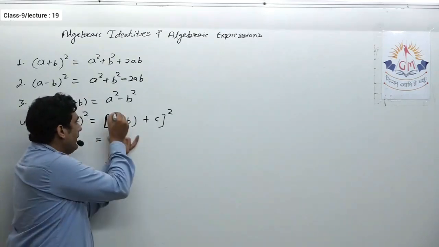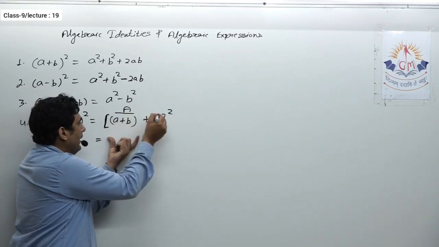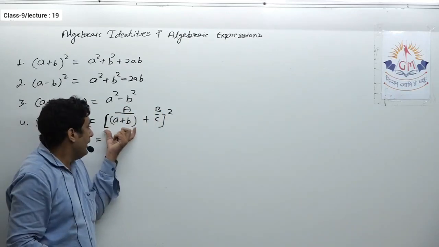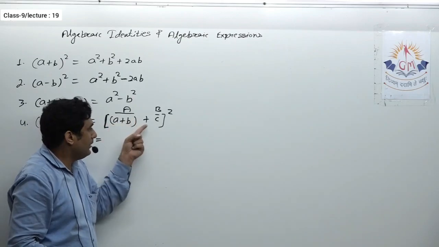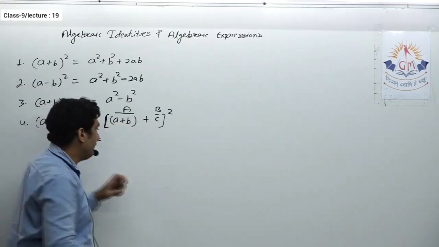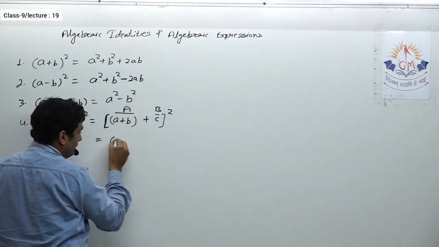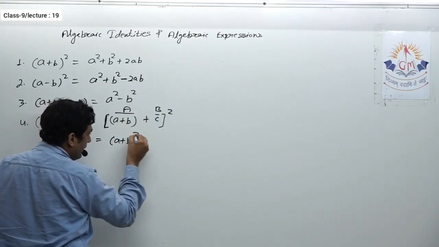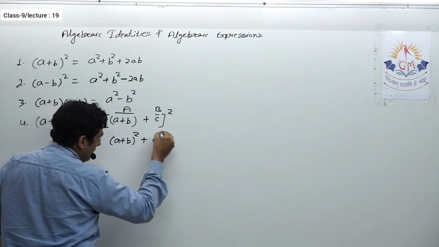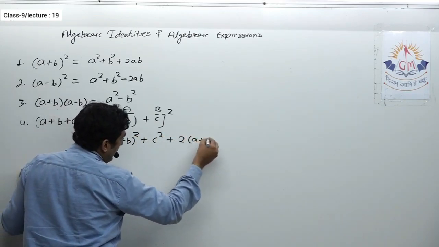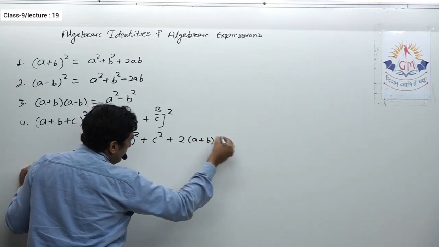Now this complete quantity I'll consider as a, and this quantity I'll consider as b. So I say (a plus b) whole square, and I know (a plus b) whole square is a square, that means square of this, plus b square, that is square of this, plus 2 into a, that is this, and b.